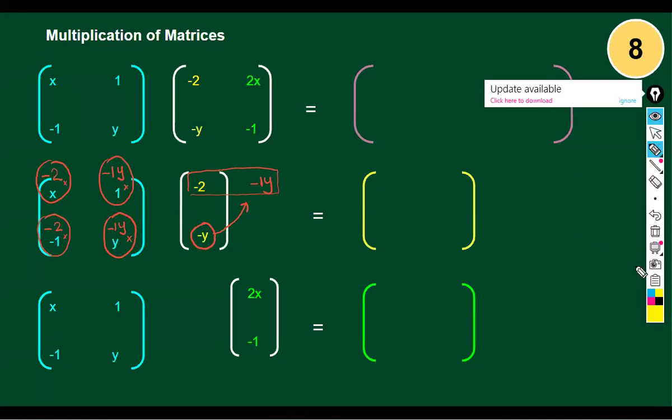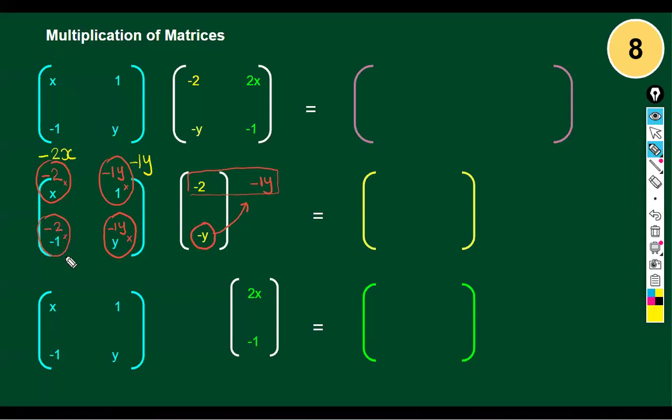All right. Let's take our time and multiply each pair. So minus 2 multiplied by x is minus 2x. Minus 1y by 1, anything by 1 is itself. So minus 1y by 1 is minus 1y.